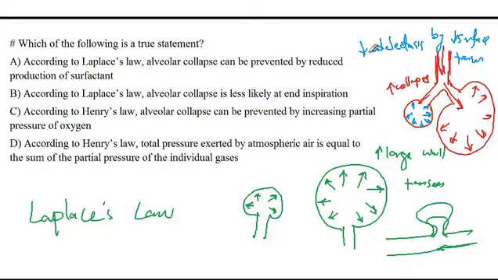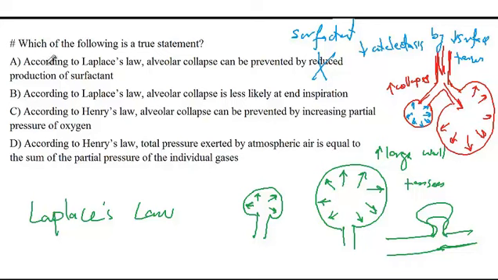So here it's saying alveolar collapse can be prevented by reduced production of surfactant. It should be increased production of surfactant, and that wouldn't still relate to Laplace law. Laplace law relates to the radius of the container we are talking about here.